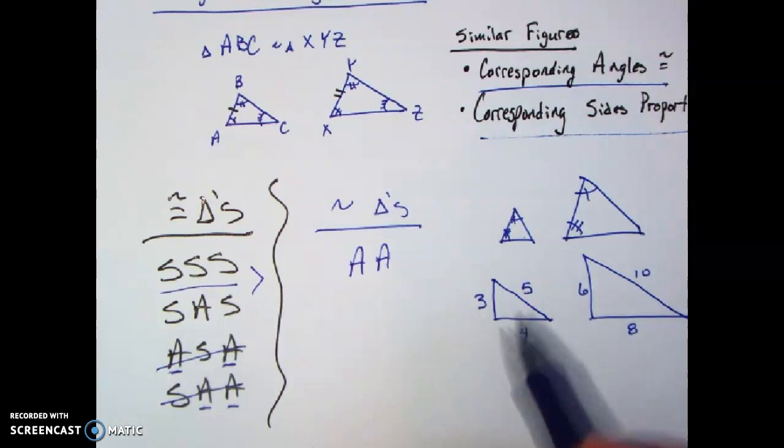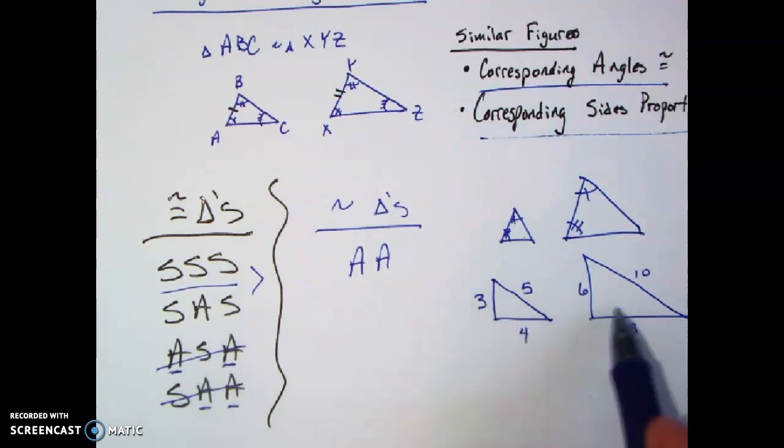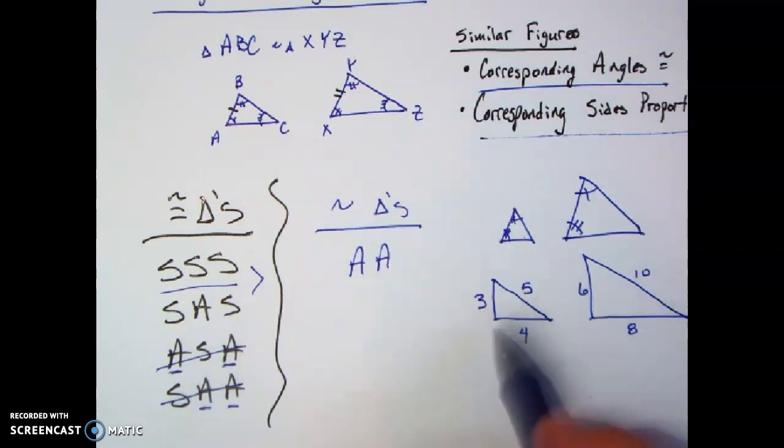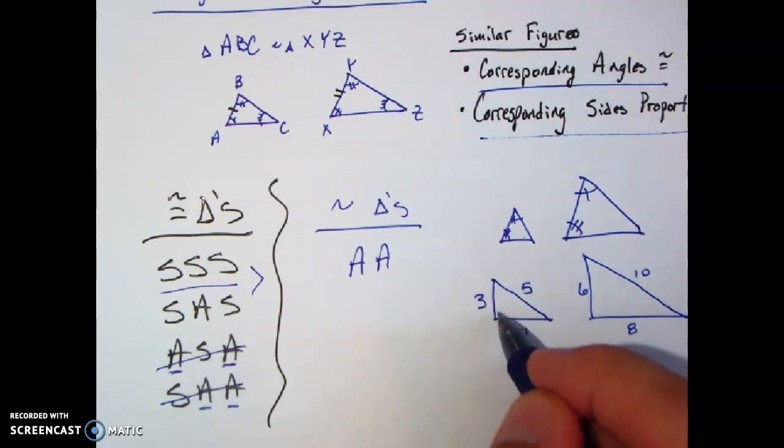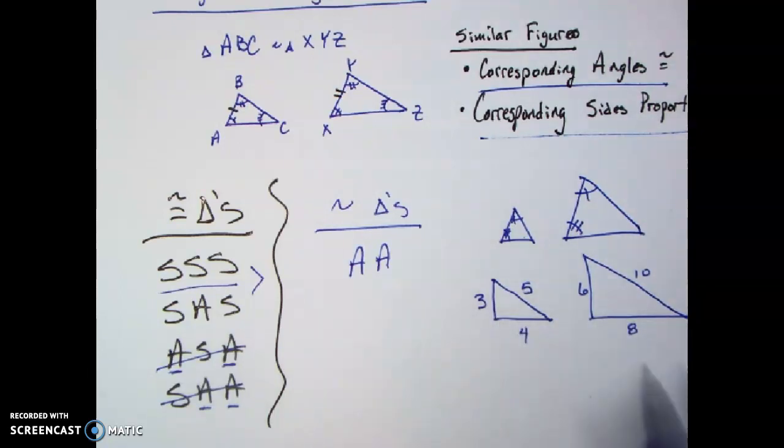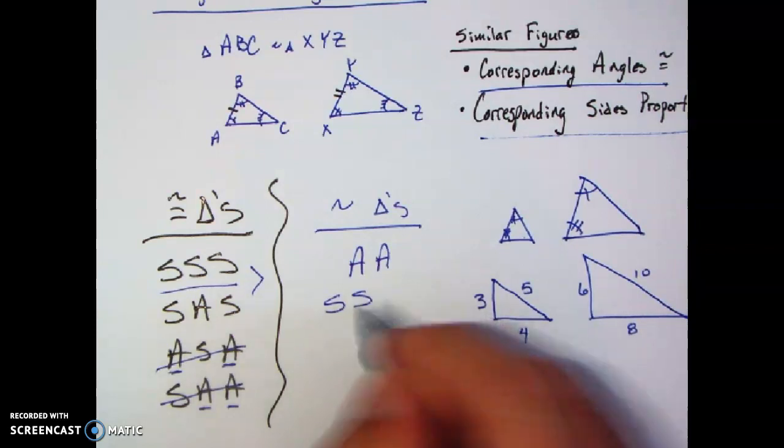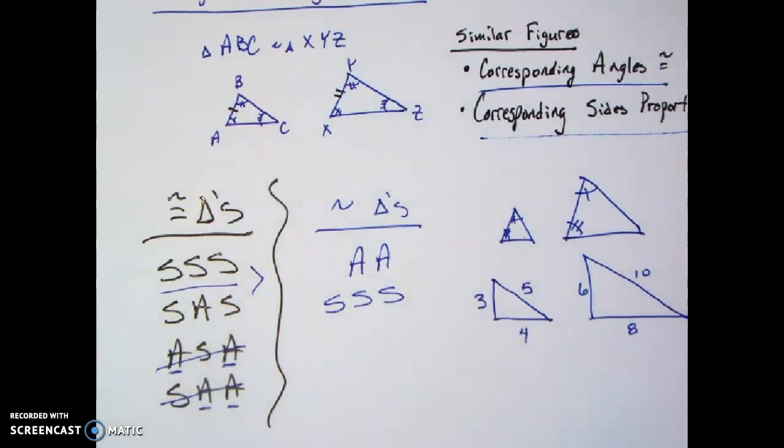Well, if you remember these numbers, 3, 4, 5, we just finished doing right triangles, and we would know that those triangles are both right triangles. The reason that works is because of our similarity conjectures. We're just multiplying by 2. That's giving us proportional sides. We would also know other things about these, but that's enough to show us that side-side-side does work for a shortcut.